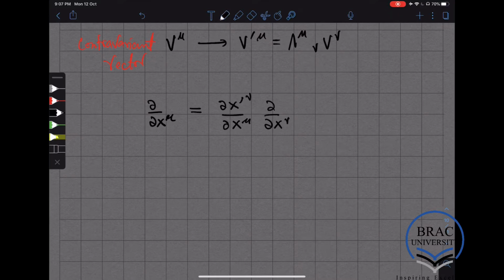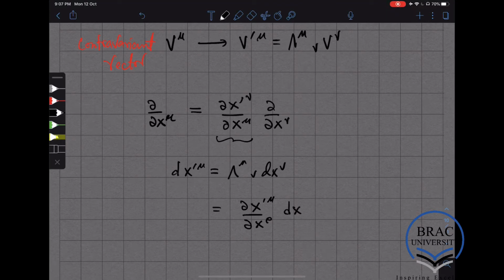Now, it's very easy to show what this is. Remember that from the previous section, we showed that dx prime of mu is lambda of mu nu dx nu. But of course, dx prime of mu is also the partial derivative of x prime mu with respect to x rho times dx rho.